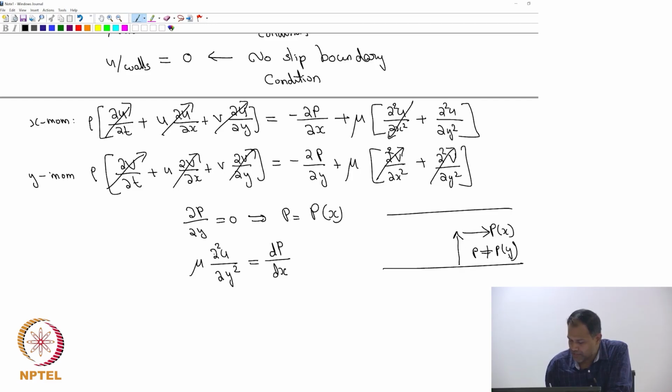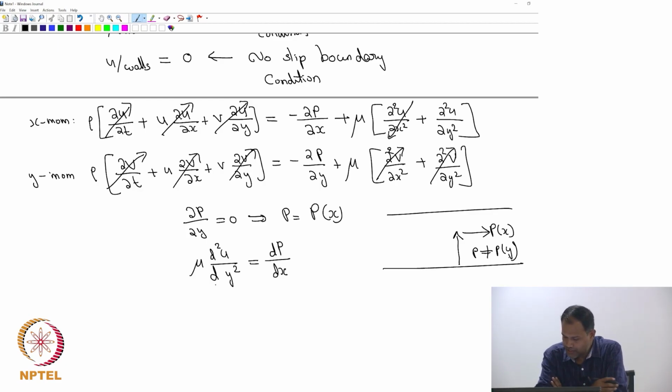In fact, I can write this as d on both sides, and I can do that because u is only a function of y. So, I do not need to talk about partial derivatives anymore, I can talk about just the ordinary derivative. Similarly, p is only a function of x, so I will only talk about the ordinary derivative, not partial.